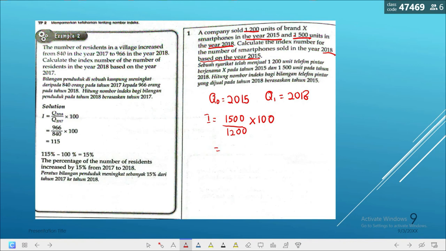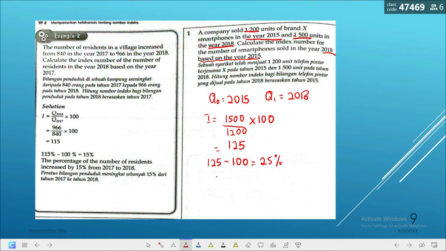Use your calculator, so you get 125. So 125 means it's increasing or decreasing? Increasing, right? So how much did it increase? 125 minus 100, so you will get 25%.